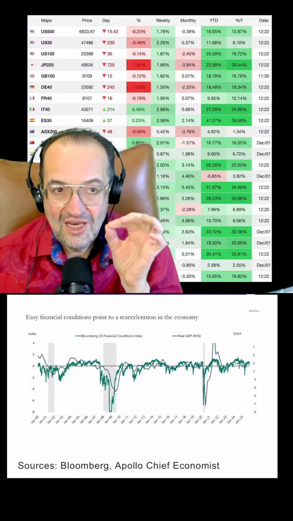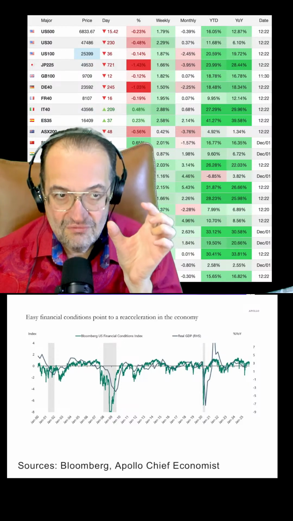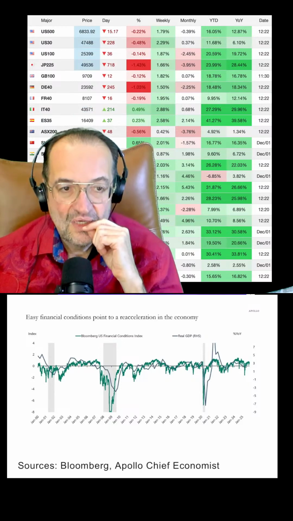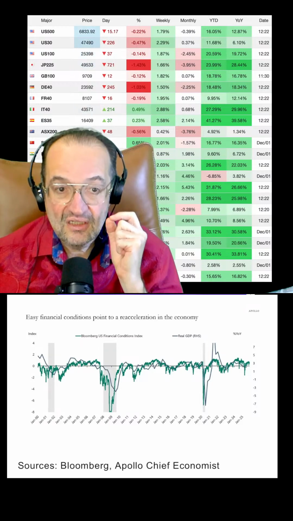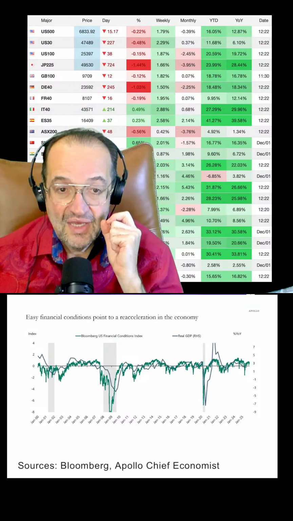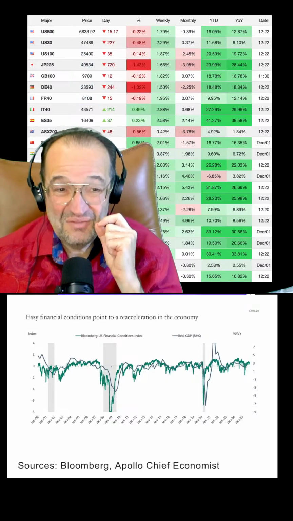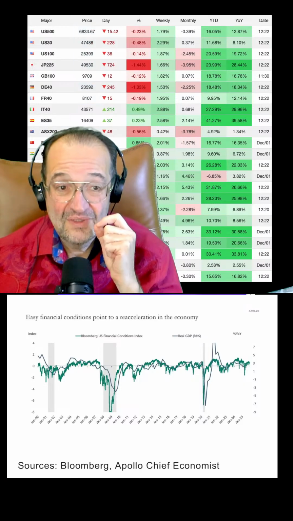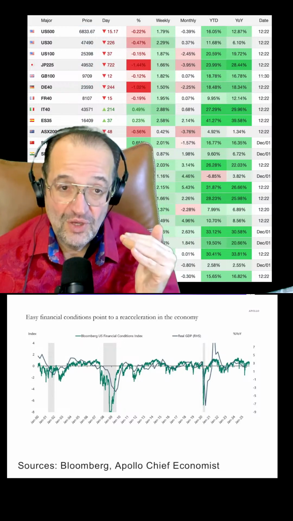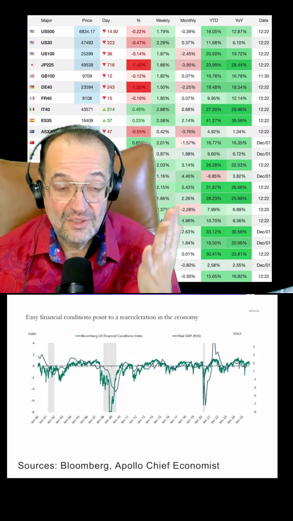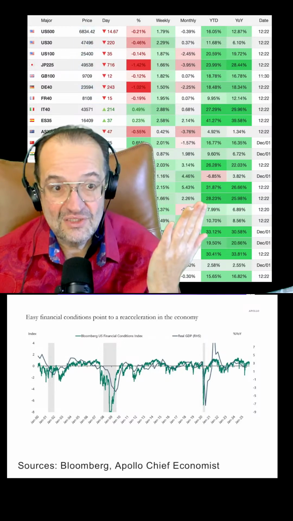All the way to the left, that's the first major recession. Around 2000, 2001, the index plunged as the dot-com bubble burst. And 9/11 hit. GDP dropped sharply. So, this was a bad time, right? First you have 2000, the dot-com, and then, of course, you have 9/11 in 2001.